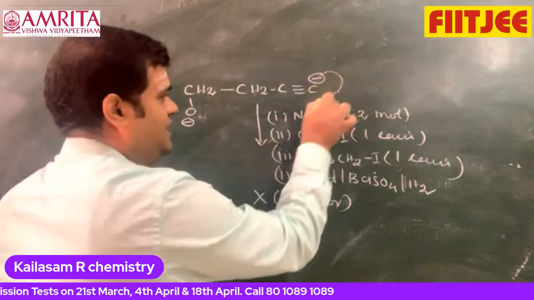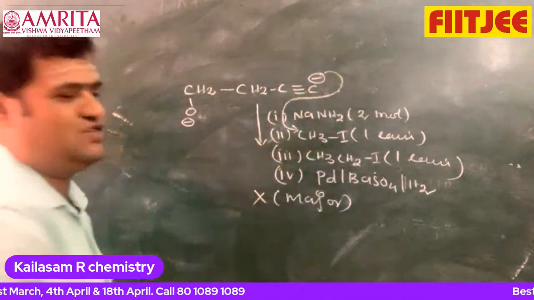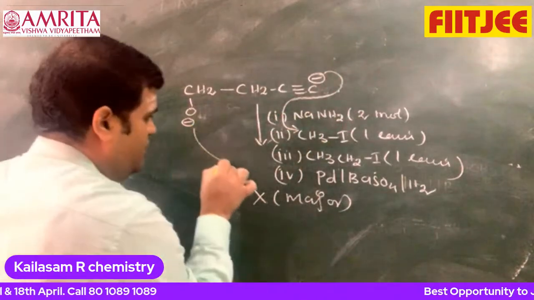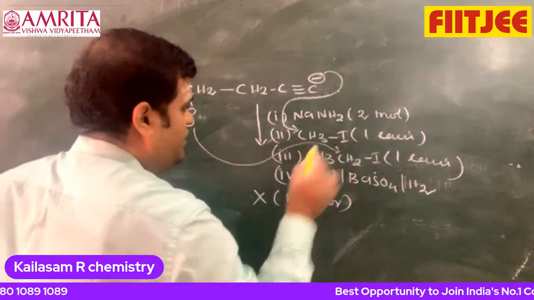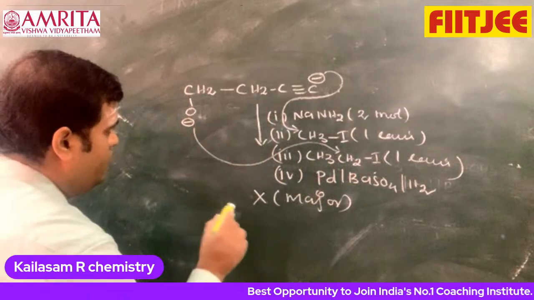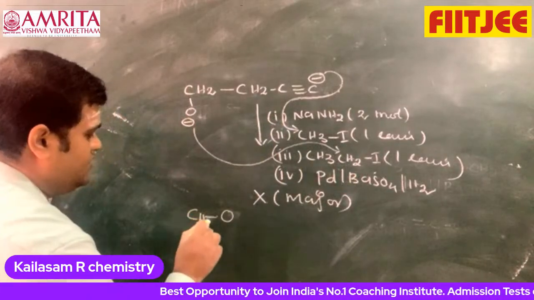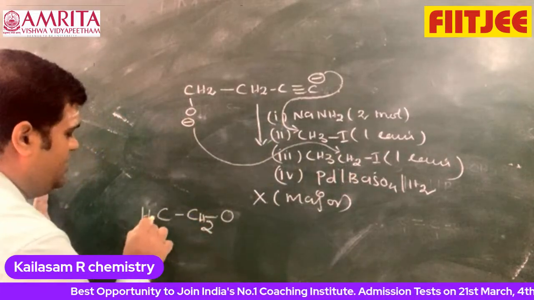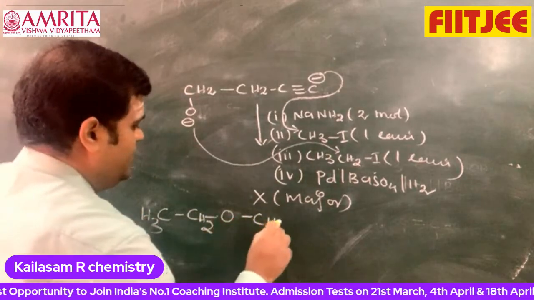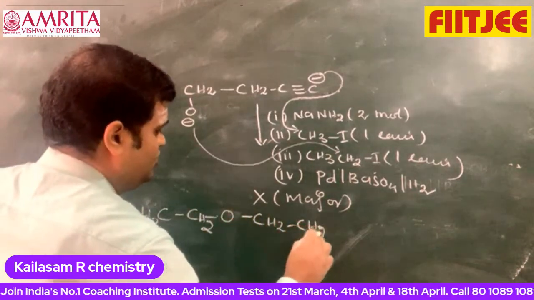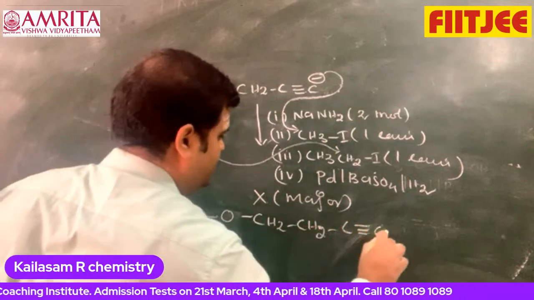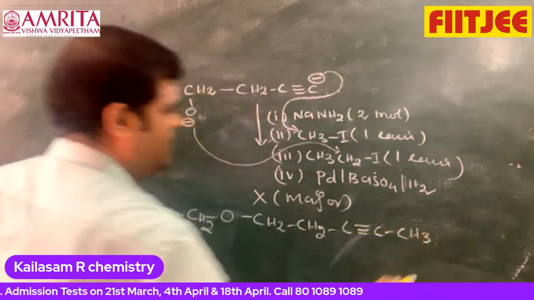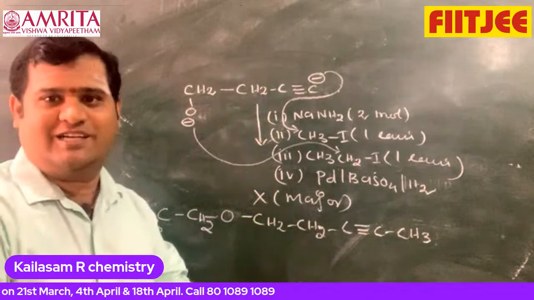That means this attacks. The next step is that this is going to attack here, and we are going to get CH3CH2O, so I can write CH3CH2OCH2CH2, C triple bond C, CH3. If you put it in reverse, your answer is incorrect.